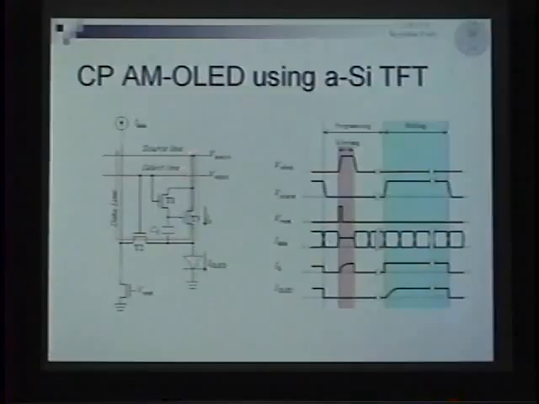So we can correctly program the current into these TFTs. This is the time chart, and you can see that during the program time the voltage source is lowered like this, and during the holding time it is raised.